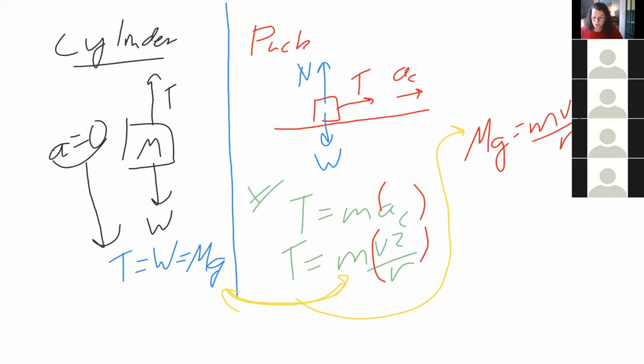That's a good question, because you'll hear that term. What you're talking about is the centripetal force. The centripetal force is equal to m times the centripetal acceleration. Especially in notes, they'll often write that the centripetal force is mv squared over r. I prefer to just use a_c.